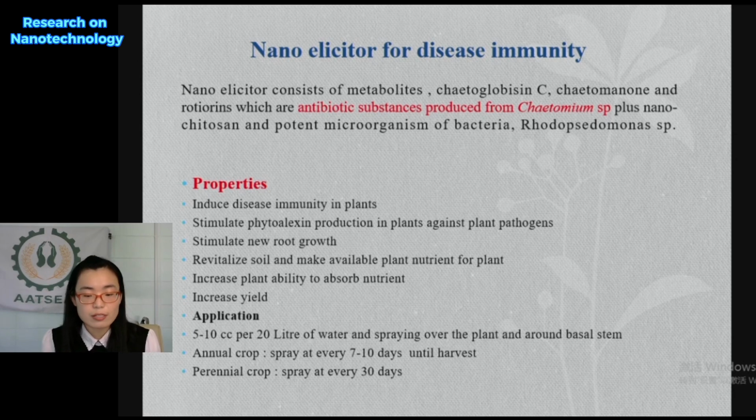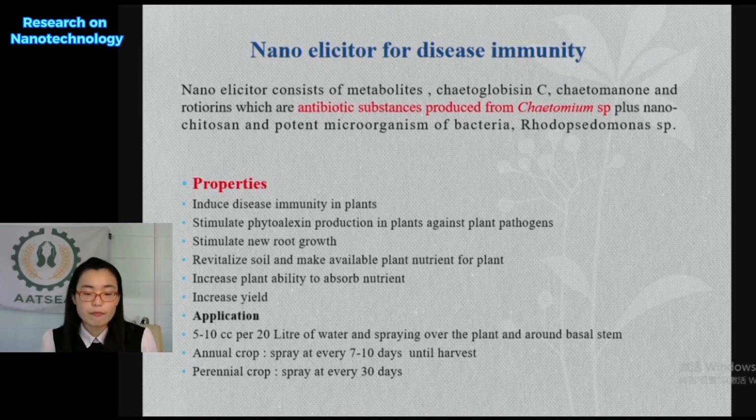And the nano elicitor for disease immunity consists of metabolites like chaetoglobosin C, chaetomin, and cochliodinol, which are antibiotic substances produced by Chaetomium species, plus nanochitosan and a potent microorganism, the bacteria Rhodopseudomonas species.